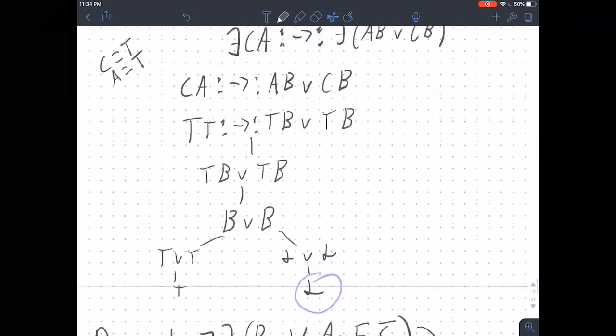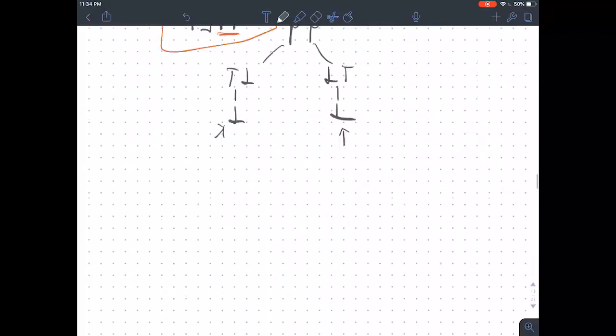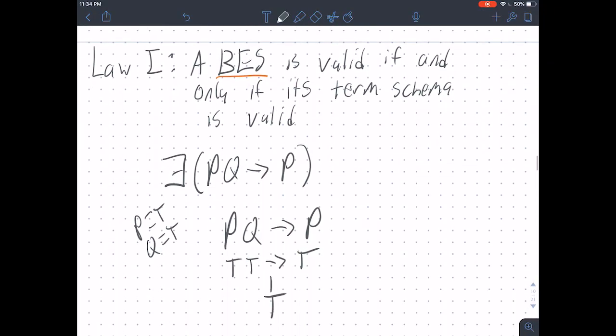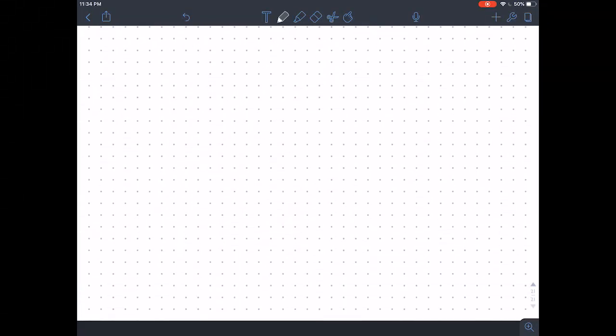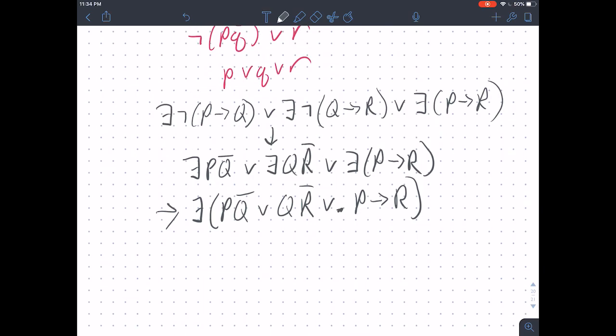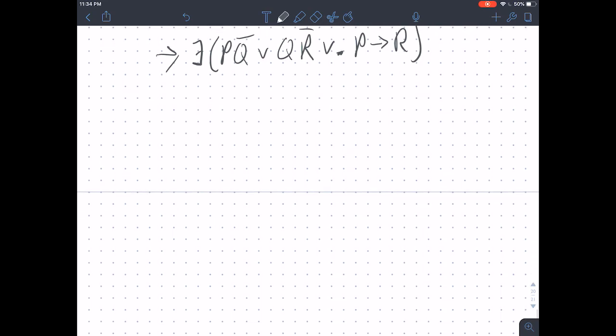And if you remember way back up here, our first law, a Boolean existence schema is valid if and only if its term schema is valid. So going down, what we do to test this Boolean existence schema for validity is we just test the term schema for validity using truth value analysis.